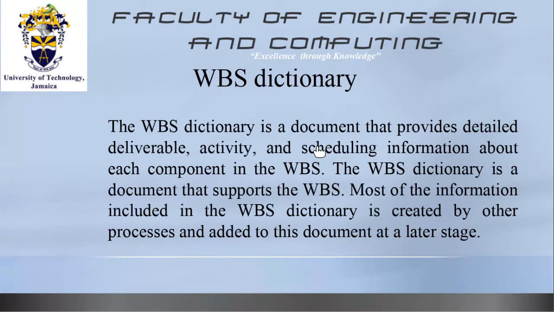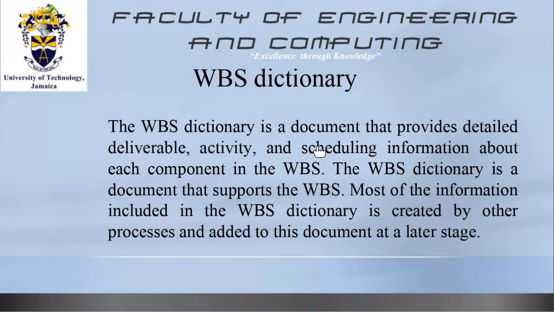Most of the information included in the WBS dictionary would have been created prior to now in other processes, such as the create WBS process. However, I'm going to share with you, though you already have it on Moodle, I've already posted the template, a copy of the WBS dictionary, and I'm going to show you the sort of information required by the WBS dictionary from other processes.